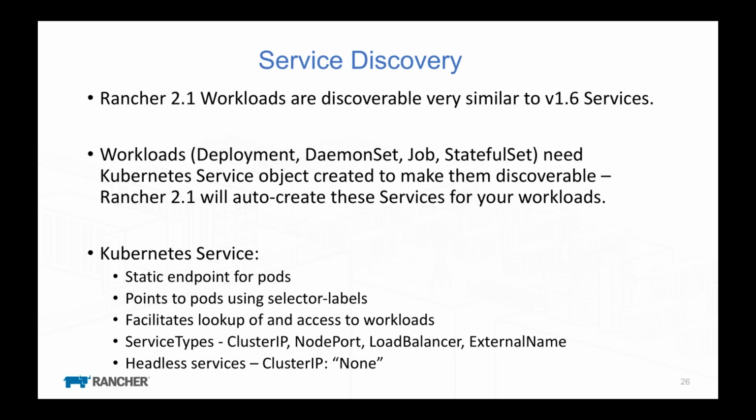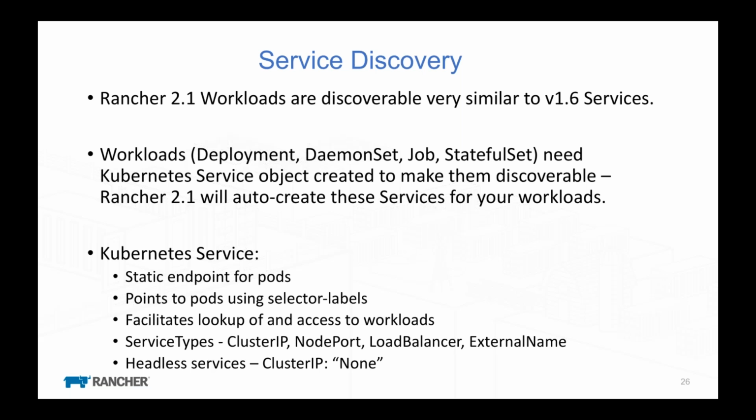What Rancher does is it auto creates all these service objects for the workloads that you deploy. So if you're running native Kubernetes and you create one of these objects, it won't be discoverable, and you will have to create another service object on top of that to make it discoverable. Rancher will take care of that internally when you deploy your workload.